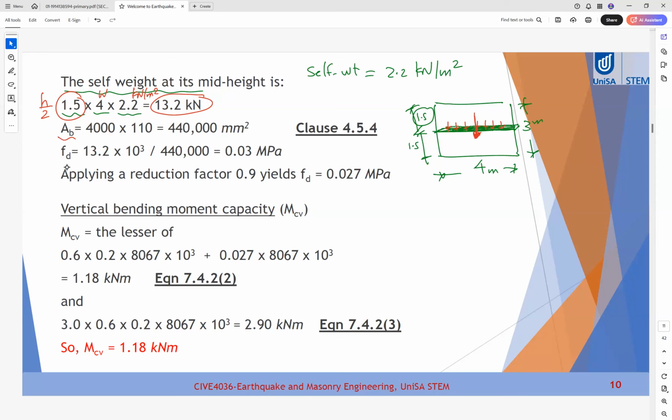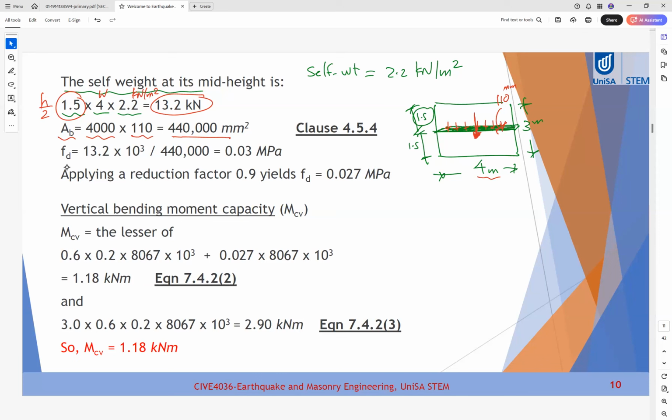AB or area of bedding will be 4,000 millimeter or 4 meter times the depth of the wall, the thickness of the bedding, which is 110 millimeter. So it will be 4,000 times 110, give us a value of 440,000 millimeter squared.